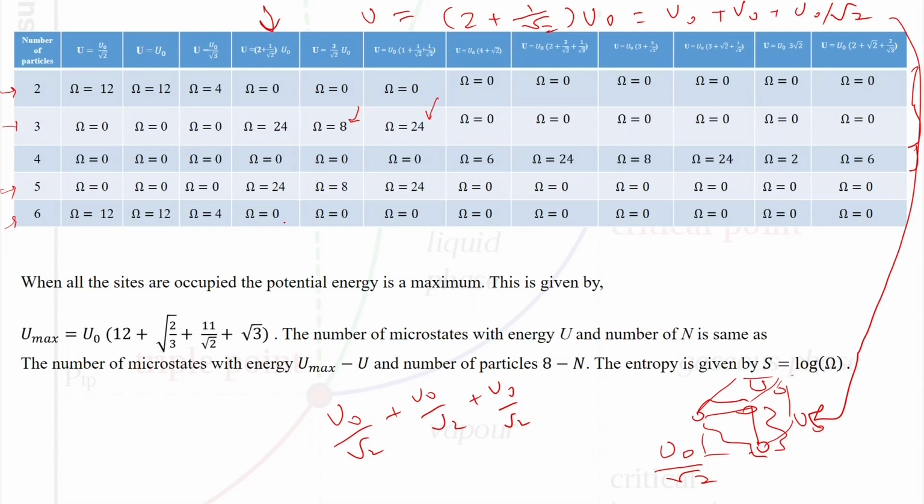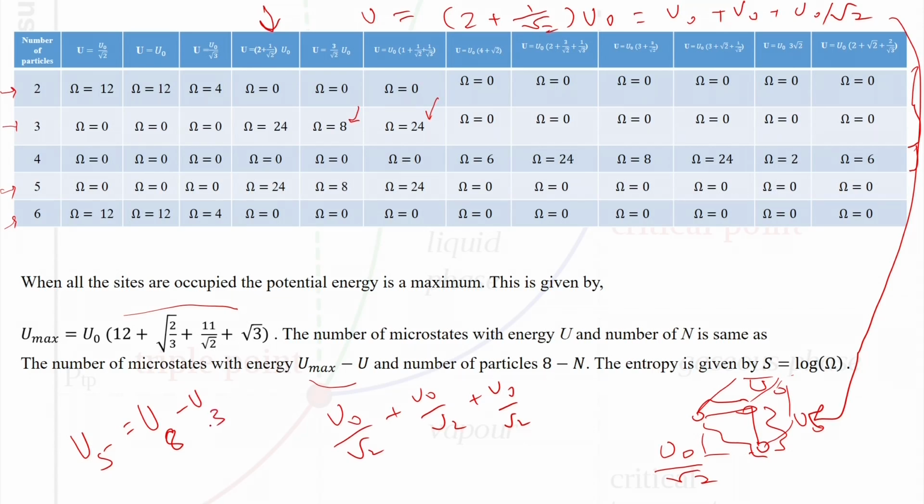I just copy pasted the 3 row into row 5, and of course here you have to take this with a grain of salt. This is not really the energy, it's actually the maximum energy minus U. So the maximum energy is when all the 8 corners are occupied. So if you have 5 charges, the energy is not the same as 3 charges. It's the same as the 8 charges minus 3 charges.